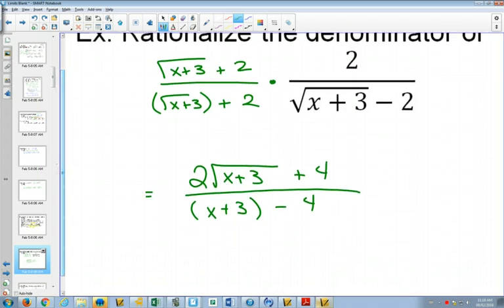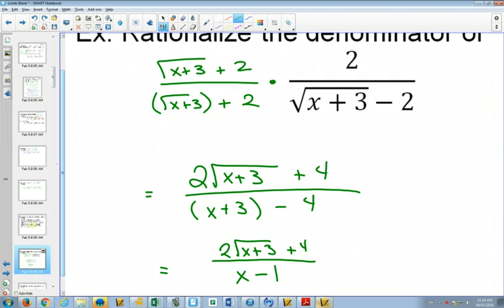And looking at this, we have some simplifying that we could do on the bottom. And this just becomes x minus 1. So by multiplying by the conjugate, we're able to rationalize the denominator.